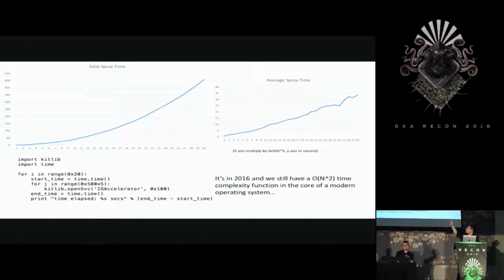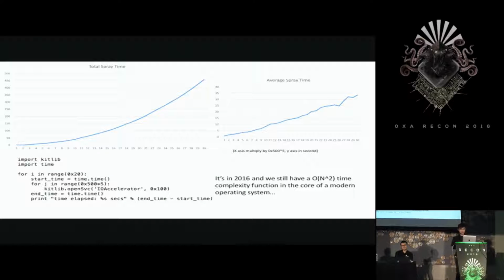It is very obvious that the time increases very much as the user client count in the spray increases. So it's a pity that it's 2016 now, and we still have an O(n) square time complexity function in the core of a modern operating system, and we hope the Apple engineers will fix that to make our spray faster.